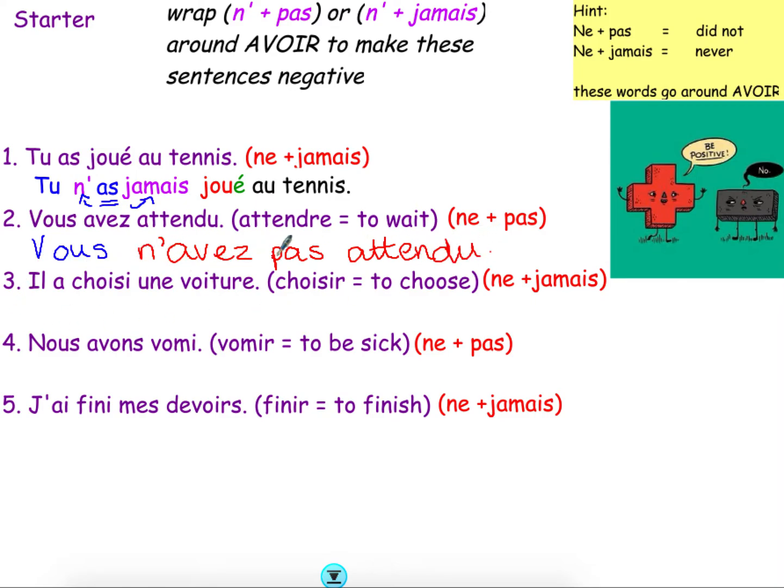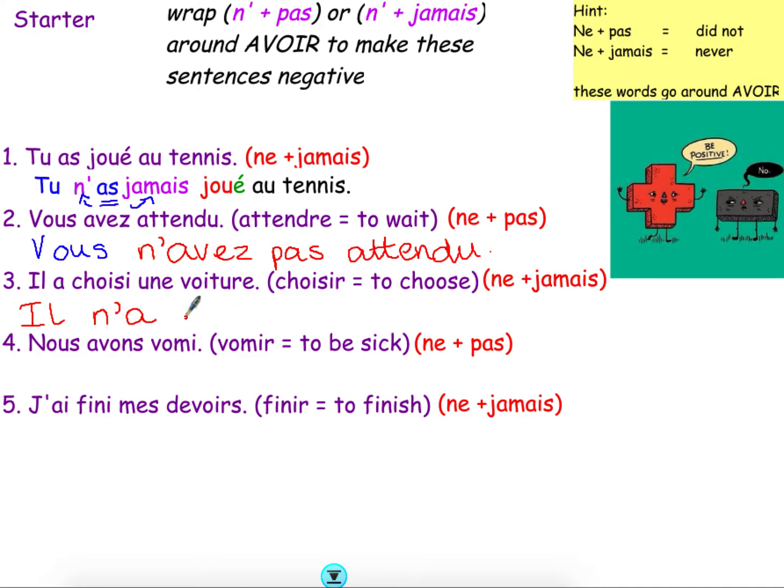Vous n'avez pas attendu. Il a choisi une voiture. He chose a car. Okay, so we're changing this into ne and jamais, so we're changing it into he never chose a car. Person stays the same. Il. We need to add ne and jamais around this part of avoir, so il n'a. Remember, we can't have the e and the a together.